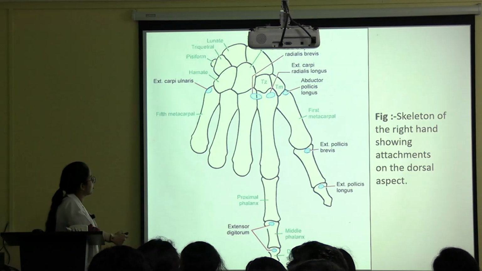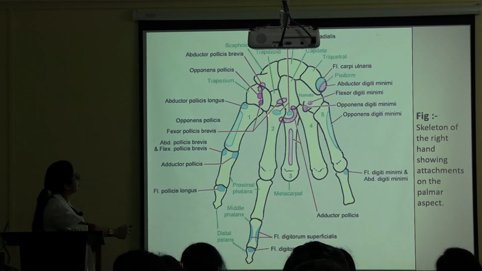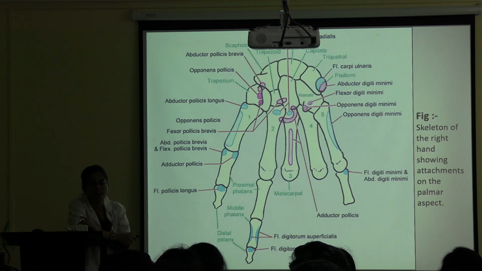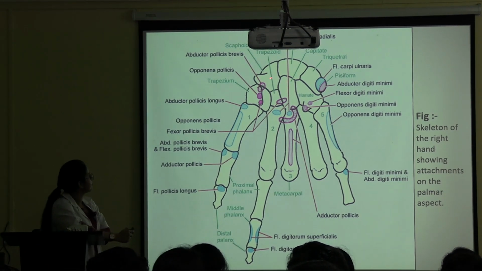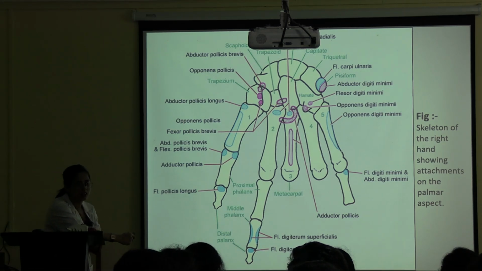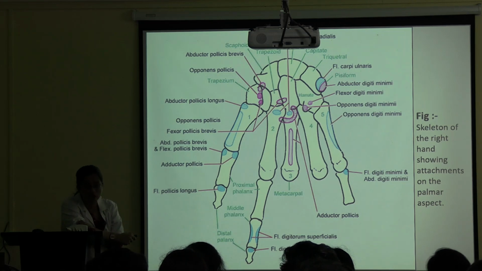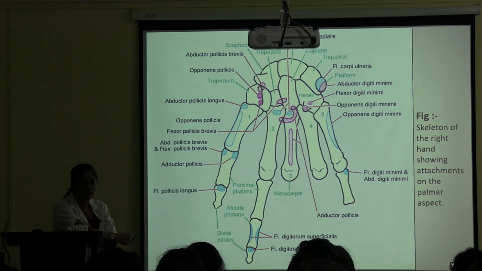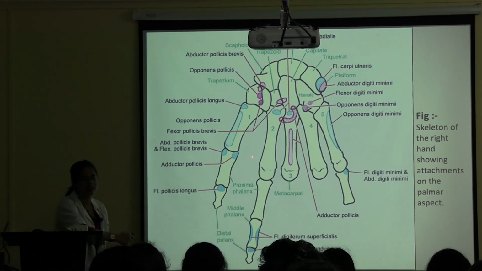You can learn about their origin and insertion from this diagram. Clear? What do the pink and blue colors represent? Pink represents origin, and blue represents insertion. Pink is for origin and blue is for insertion.